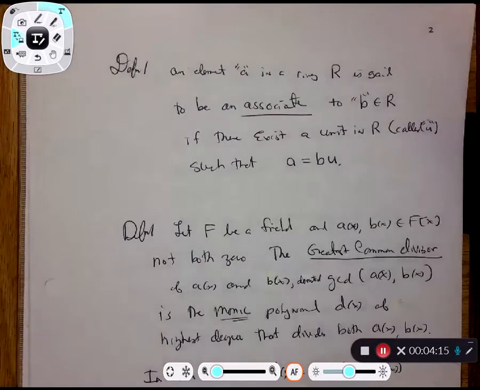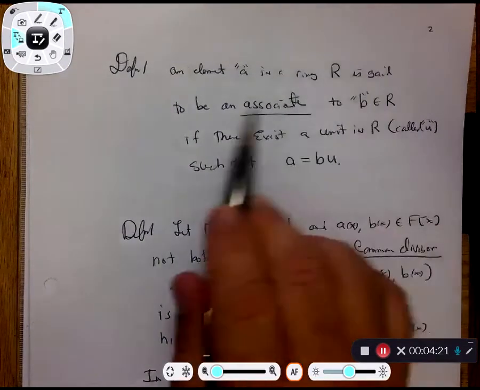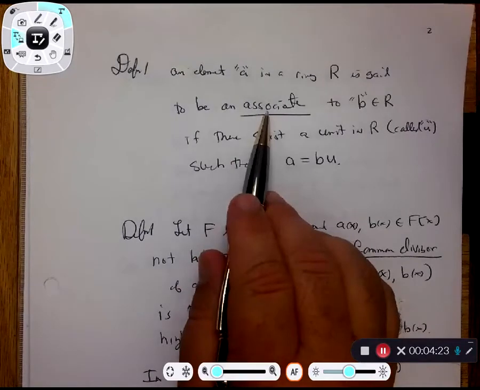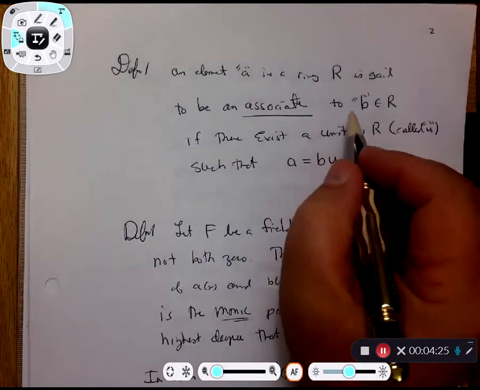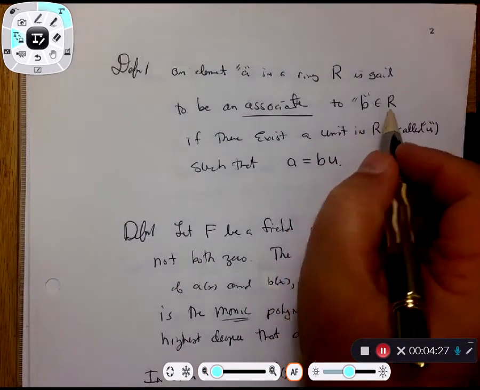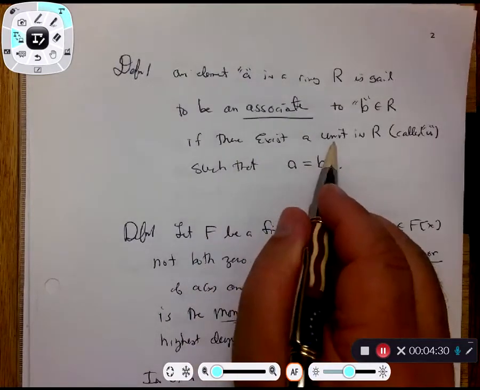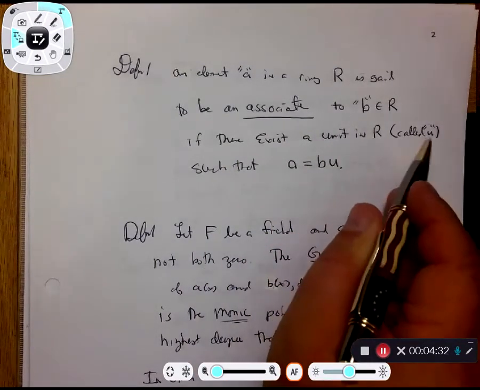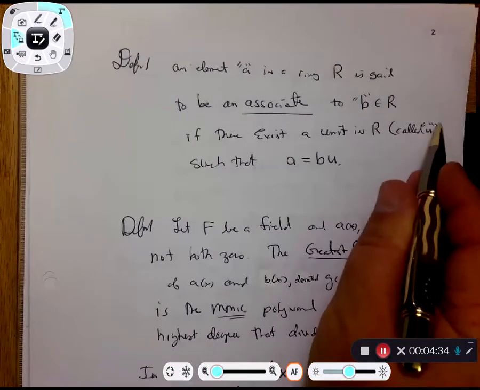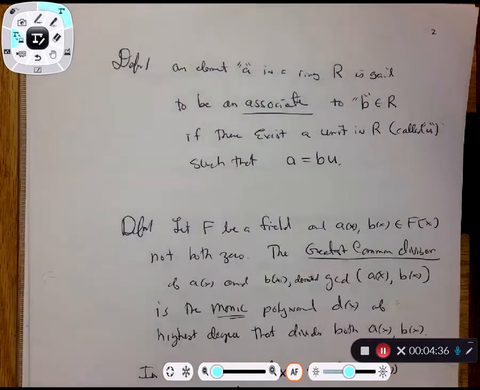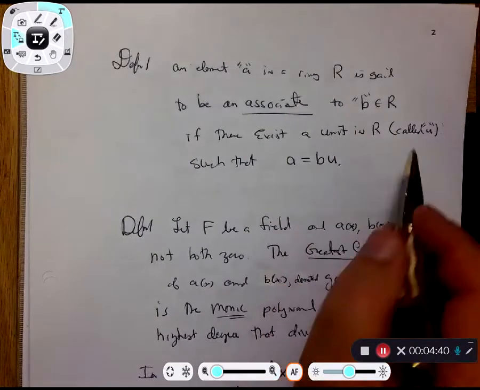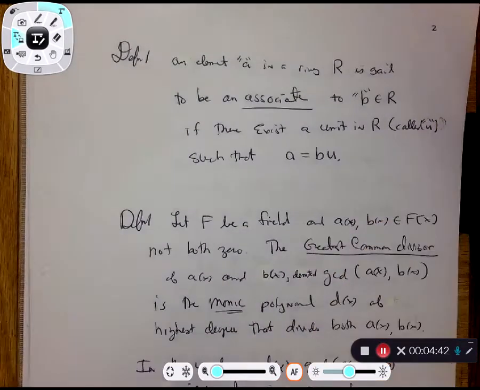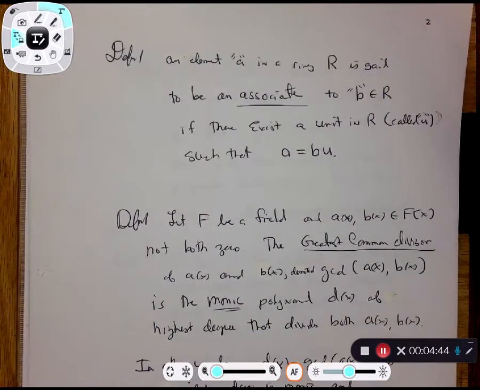Another definition. An element A in a ring R is said to be an associate to B, an element of R, if there exists a unit in R, called U, such that A is equal to B times U. So we're going to talk about the idea of associates.